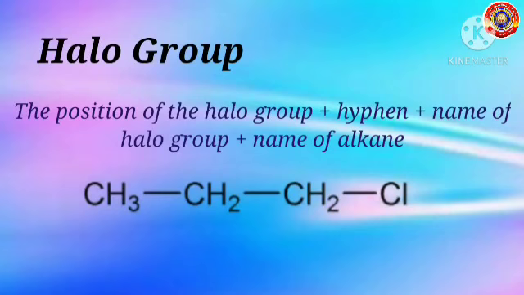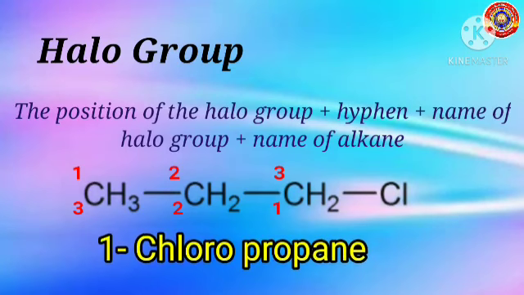In this compound, the position of the functional group chlorine is in the first carbon atom. And also, one of the hydrogen in propane is replaced by the functional group chlorine. So, as per the rule, the IUPAC name of the compound is 1-chloropropane.